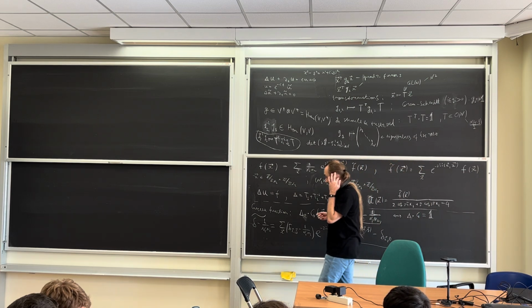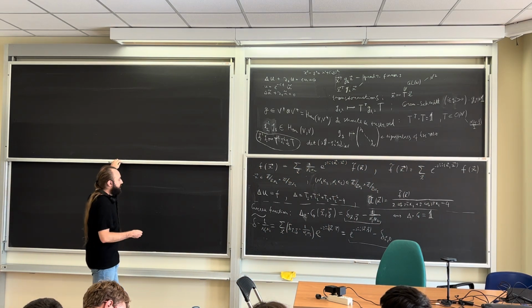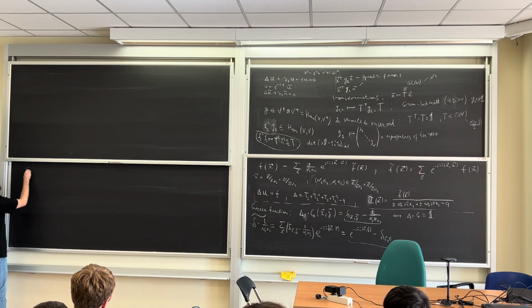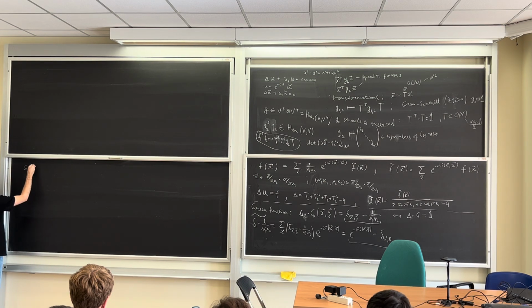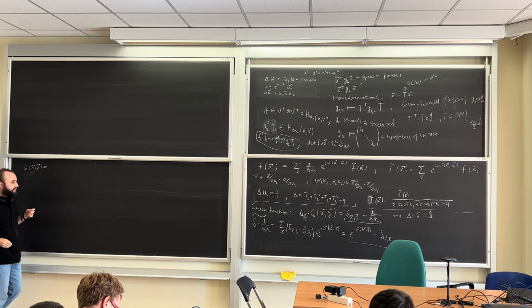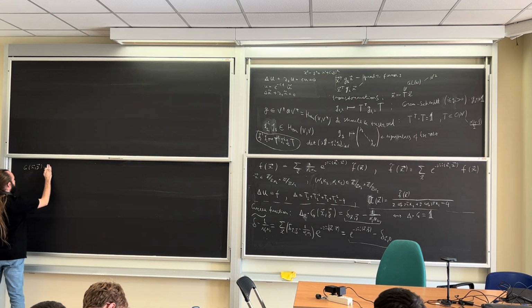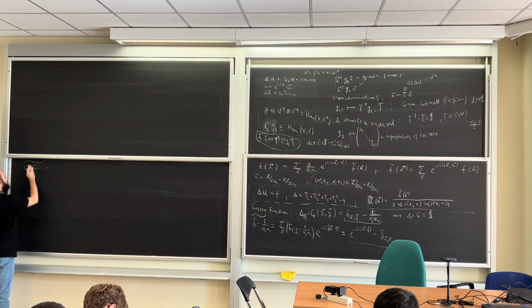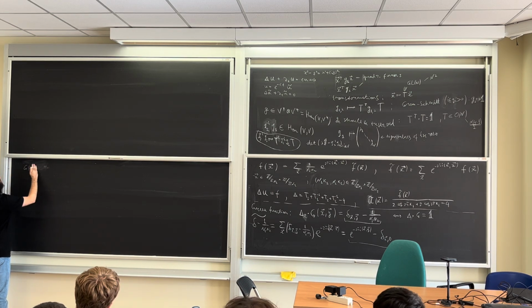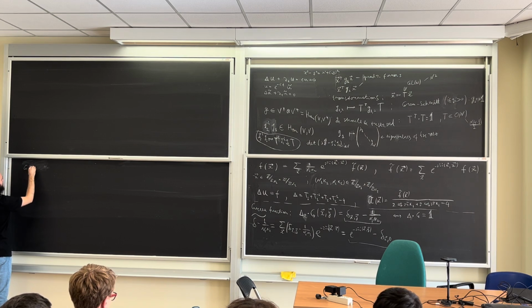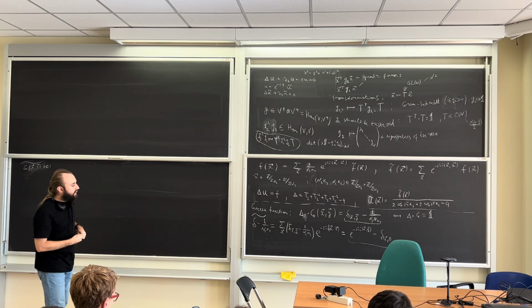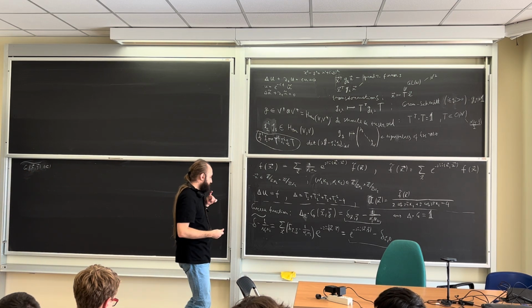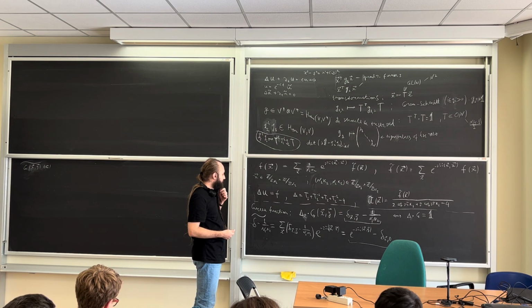And if we try to do the inverse Fourier transform, then we get that G of x and y equals, let us first write the Fourier transform in the variable x.